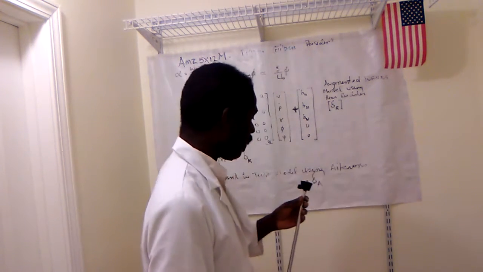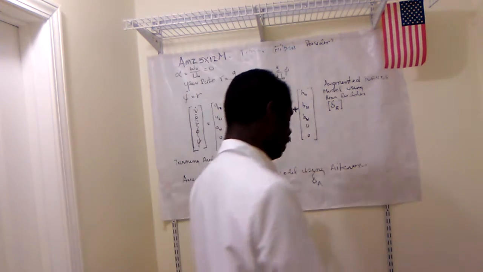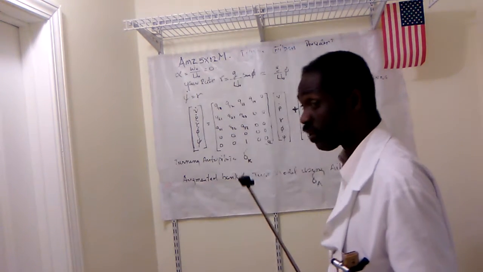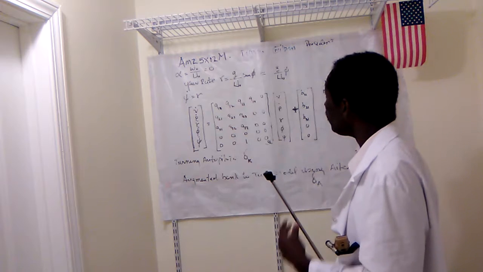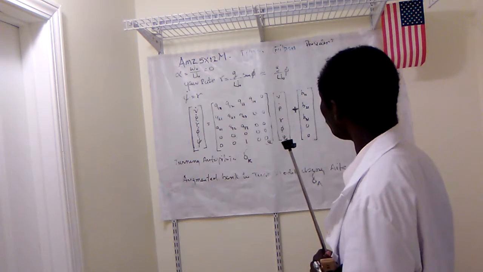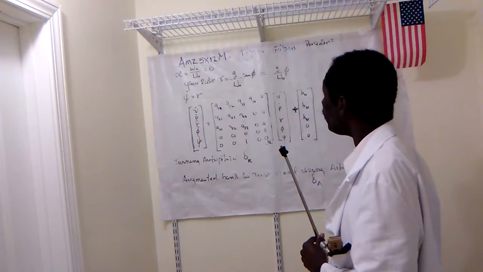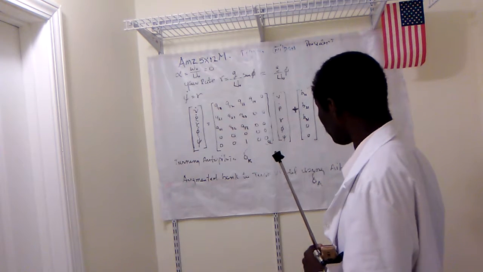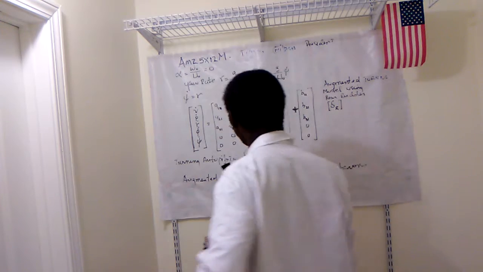This application of the Amz5x12M matrix is in a relatively confined space, a closet, and here we are applying the Amz5x12M matrix in its versatility and multi-dimensionality to some aircraft problems.